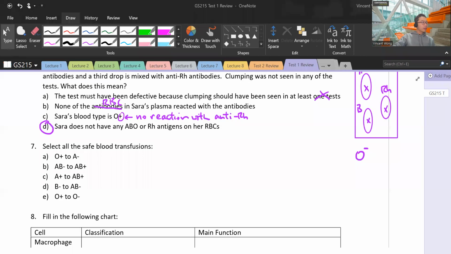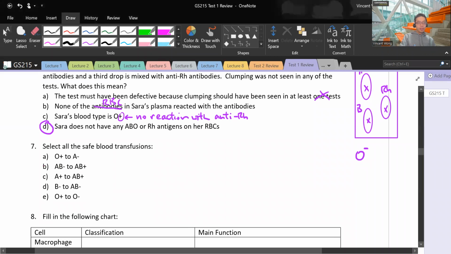Thank you for those of you who have selected something. The safe ones are B, C, and D. Positive cannot be given to negative. That's why the first one is not safe. For the same reason, the last one is also not safe.